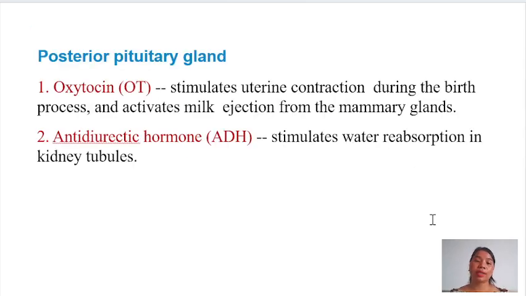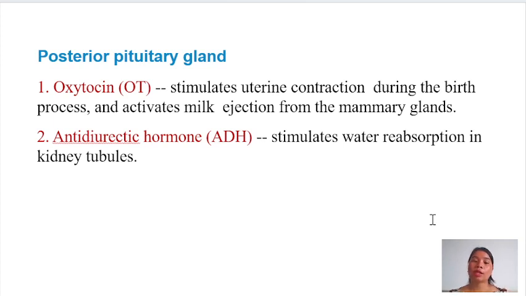So next we'll see the hormones of the posterior pituitary gland, which consist of oxytocin and antidiuretic hormone. Oxytocin stimulates uterine contraction during the childbirth process, and it also activates milk ejection from the mammary glands.